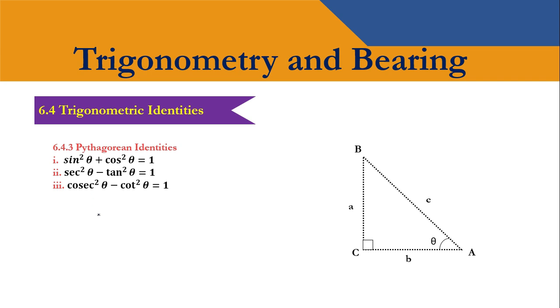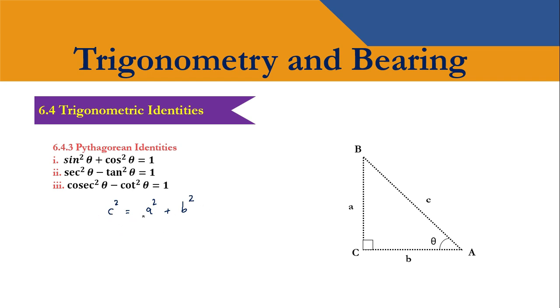As we know, the square of the hypotenuse, which is C here, is equal to the square of the perpendicular, which is A, plus the square of the base, which is B. Now C square is equal to A square plus B square.